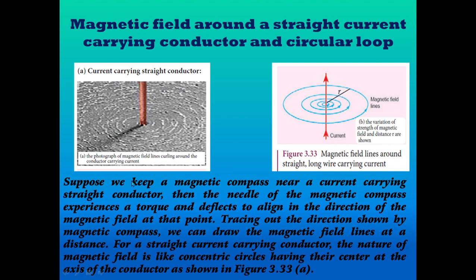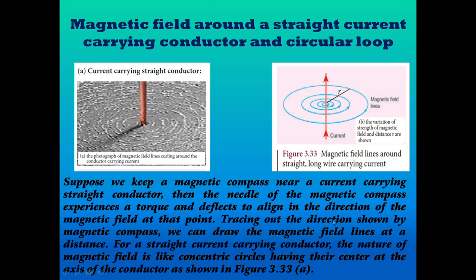Suppose we keep a magnetic compass near a current carrying straight conductor, then the needle of the magnetic compass experiences a torque and is deflected to align in the direction of the magnetic field at that point.